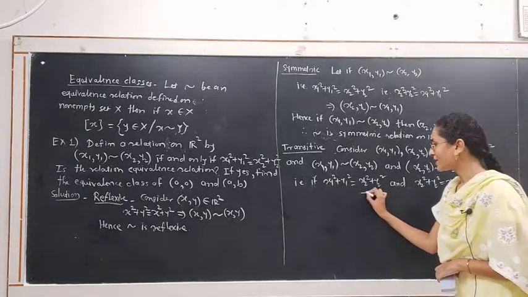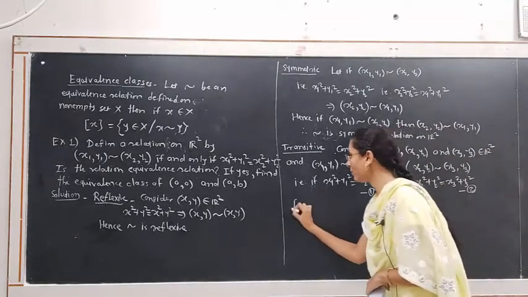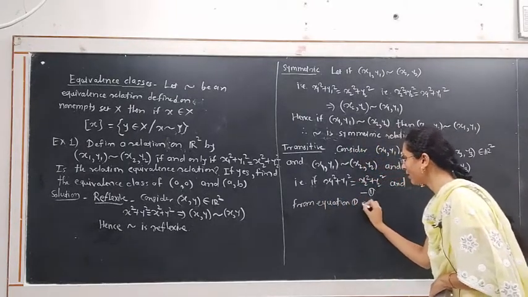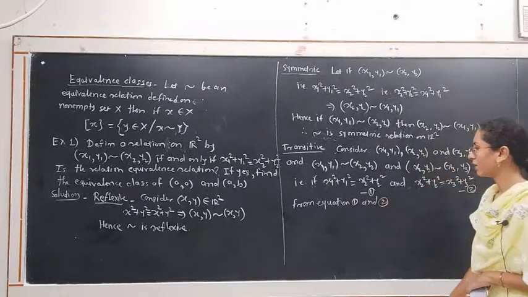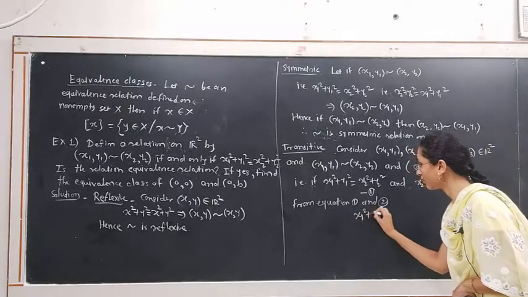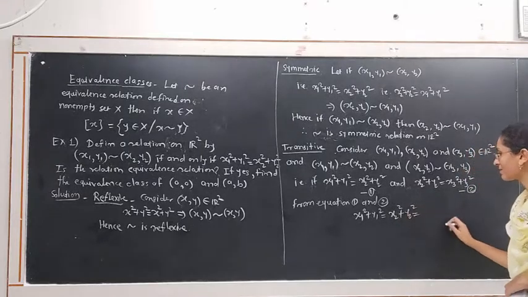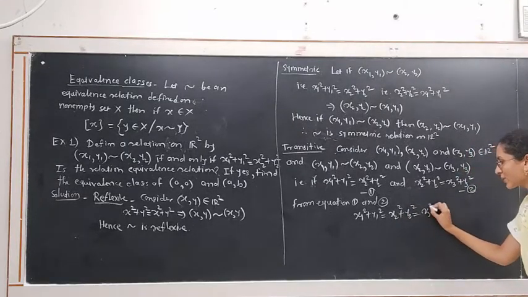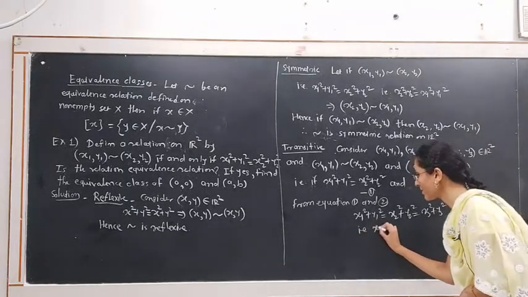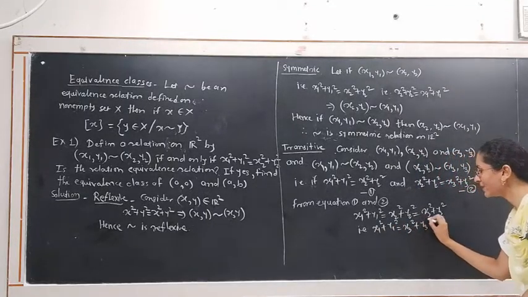If we call this equation 1 and this equation 2, then from equations 1 and 2, x1 square plus y1 square is the same as x2 square plus y2 square, and this sum is the same as x3 square plus y3 square. That is, x1 square plus y1 square is equal to x3 square plus y3 square.